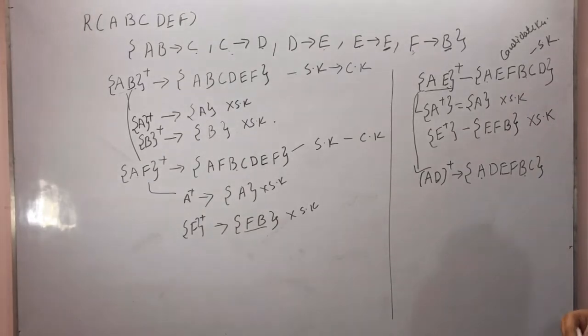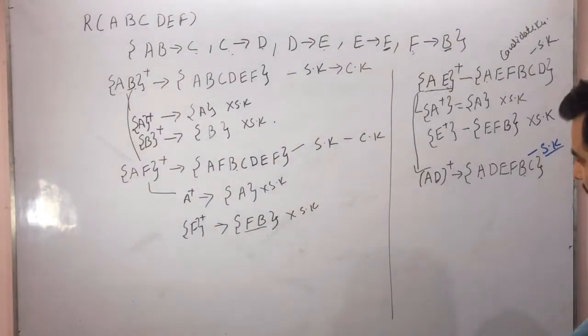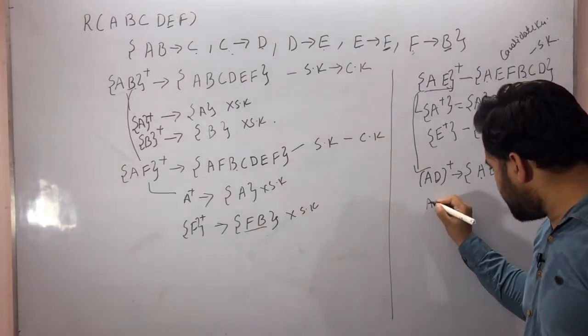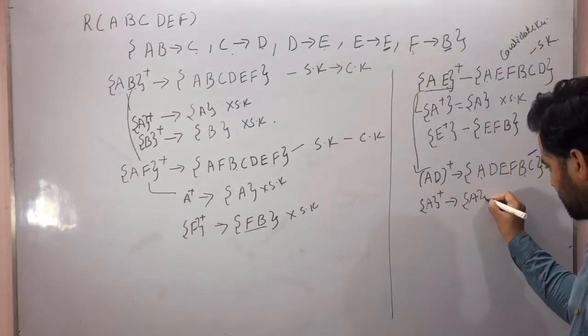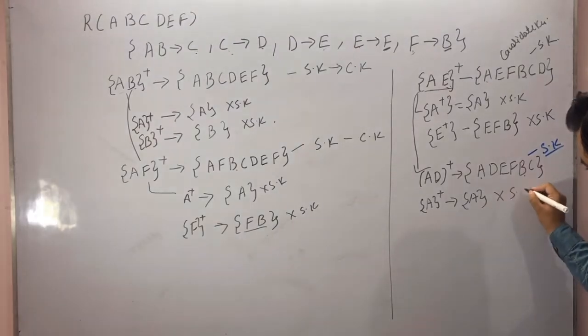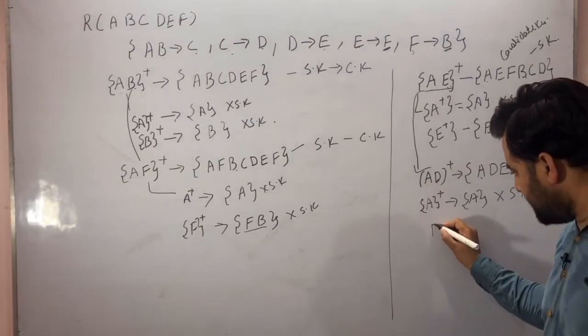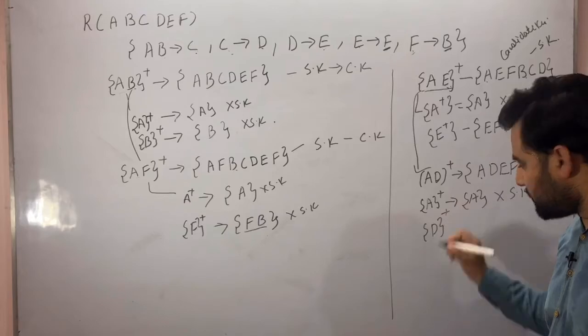So what is this? This is, we can say, a super key. So let's find out whether this is a candidate key or not. We'll take the closure of A, that is A only. So that means this is not a super key. We'll find for D. So what is the closure of D?